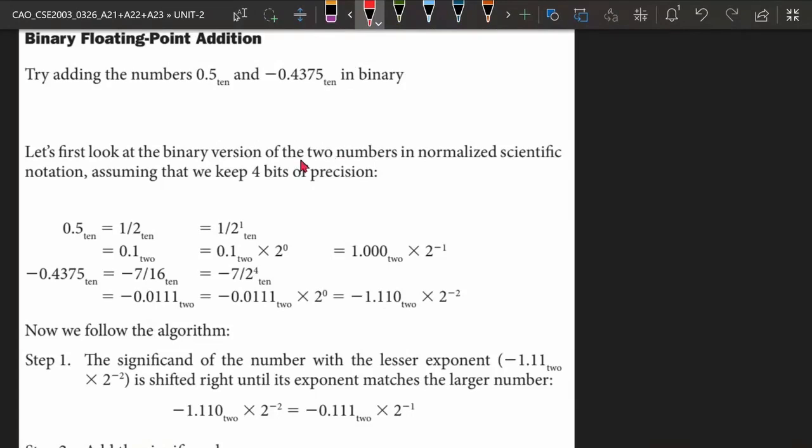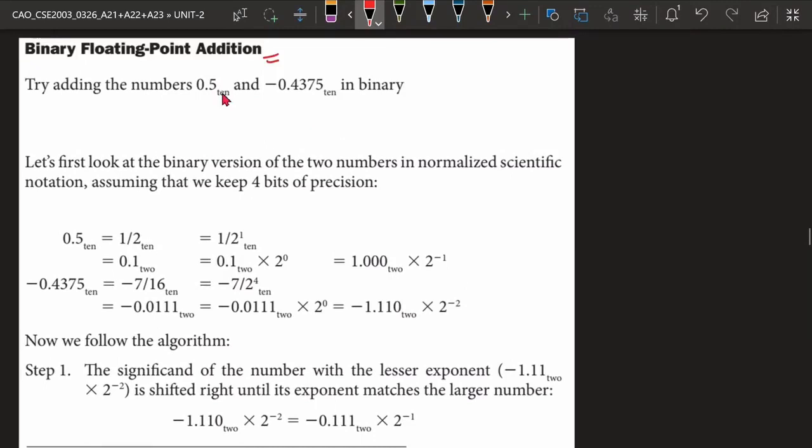Now, in binary floating point addition, we need to add 0.5 with minus 0.4375. First of all, we need to convert these numbers into floating point representation.